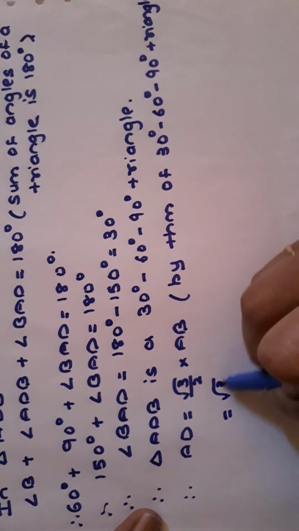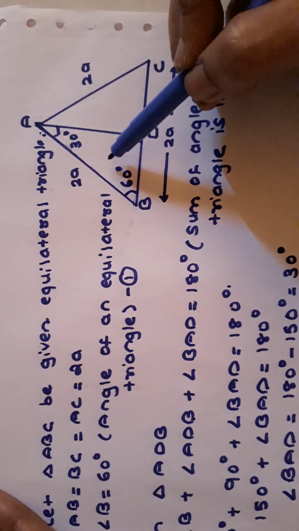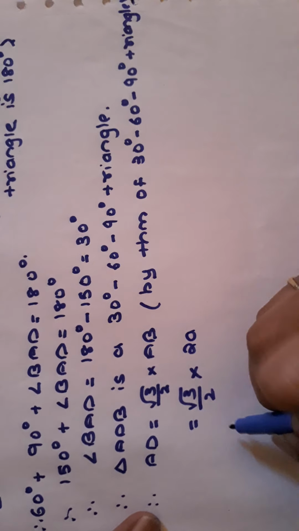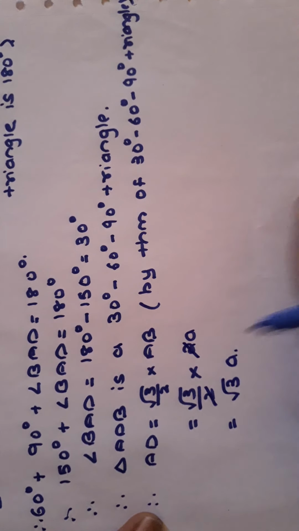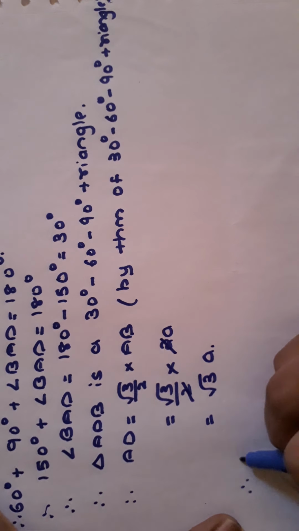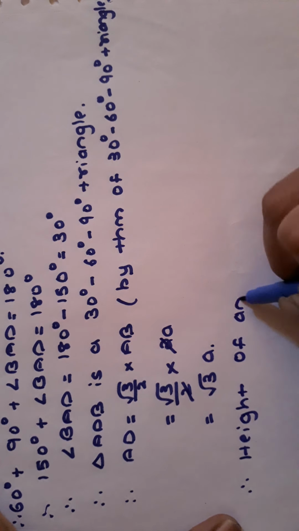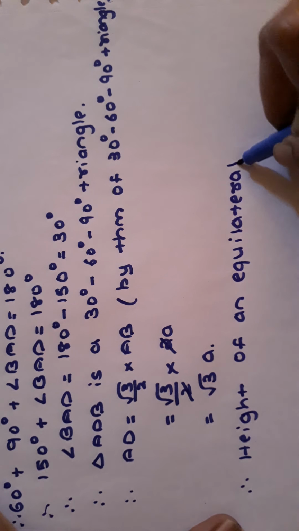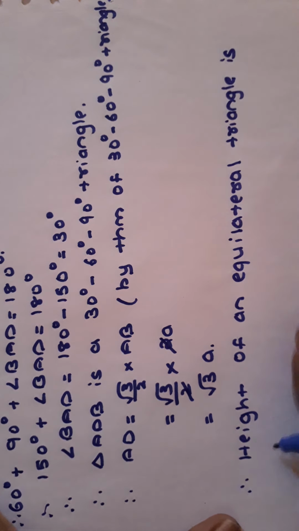Substitute the value, root 3 by 2. Now AB is the side of the equilateral triangle, so AB is 2a. So AD is root 3 a. That means the height of an equilateral triangle is root 3 times a.